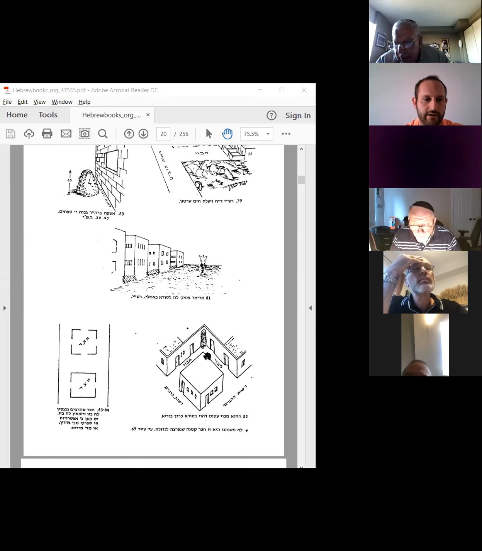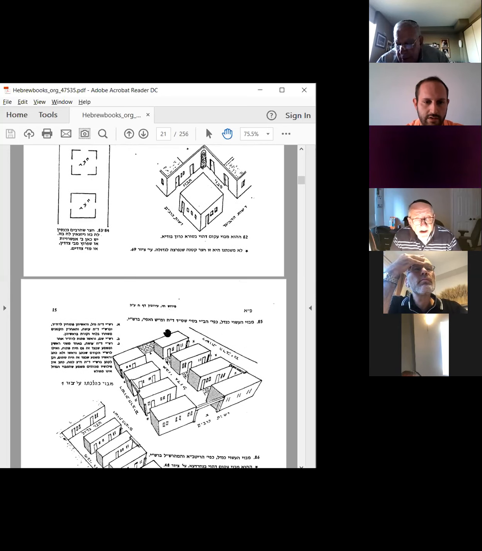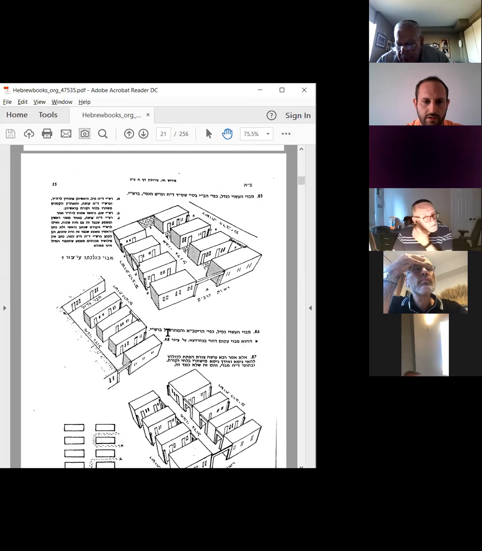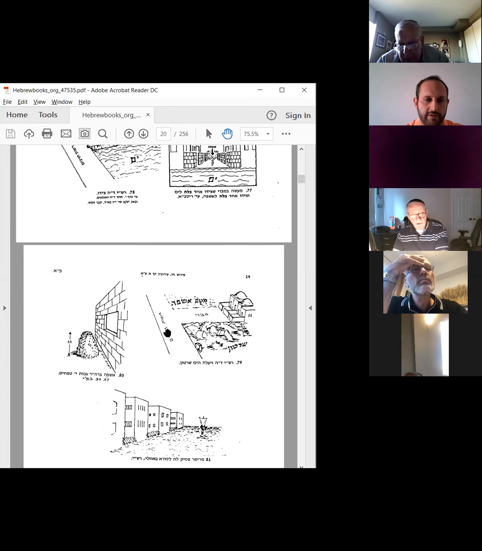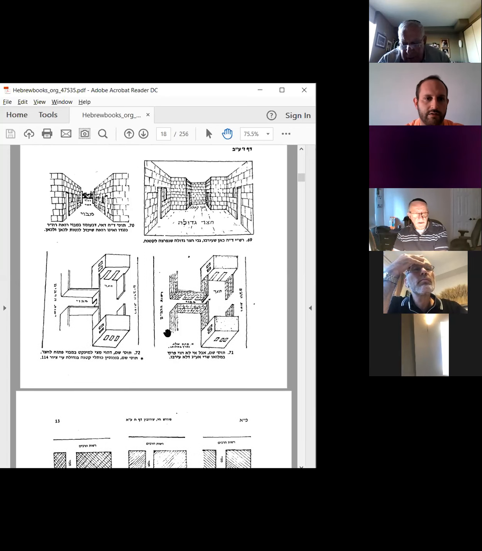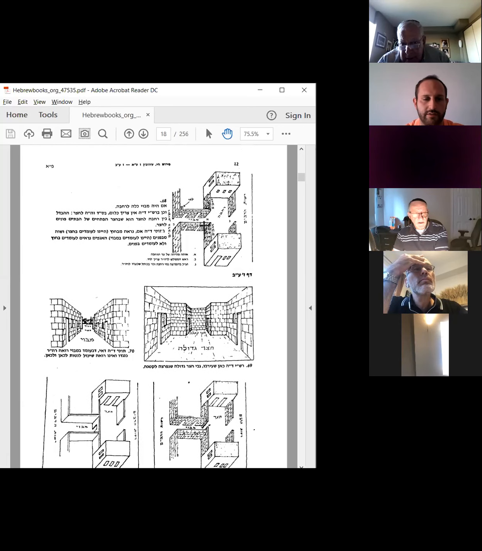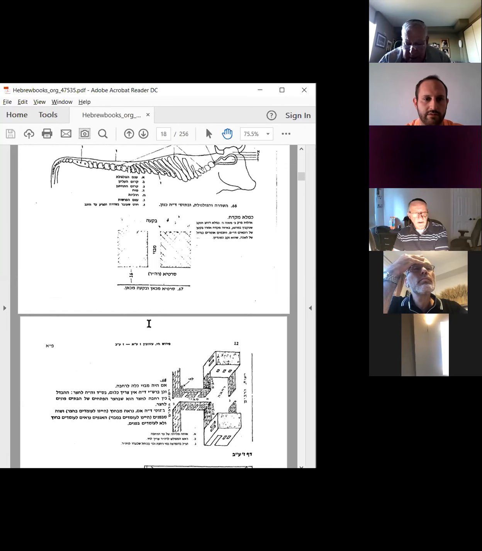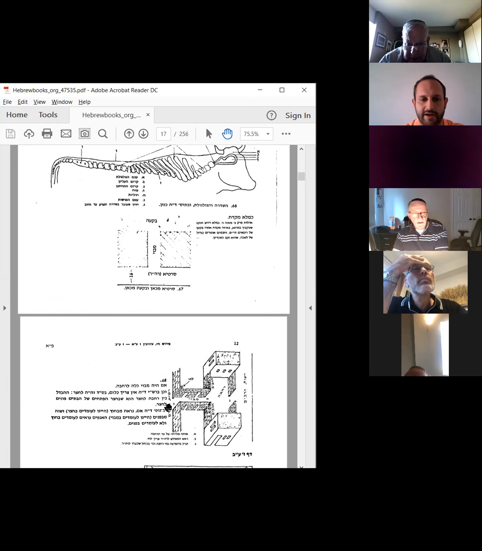Again, looking back at the previous one. Here we go. Here we have the alleyway, mavui into a chaser, straight through.